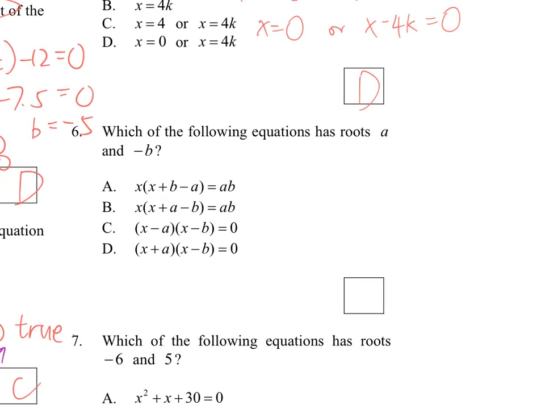Question 6. Which of the following equations has roots a and negative b? Following our tradition of forming equations, it should appear like this. Of course, as we discussed in the lesson, there should be a constant a here.